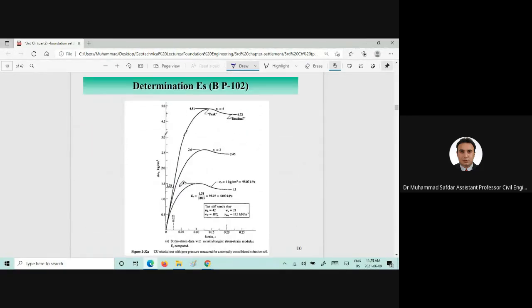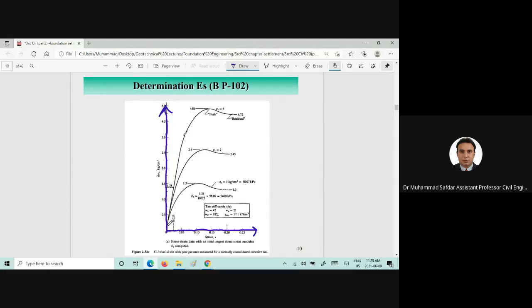Now, if we want to perform a triaxial test, the beauty of the triaxial test is that we can control the confinement and we can also control the drainage condition.